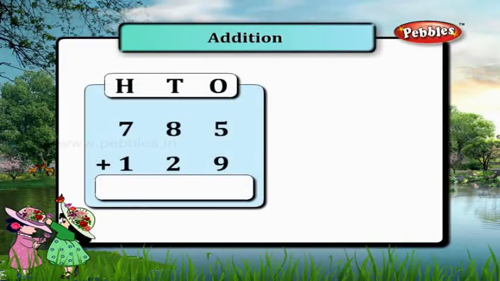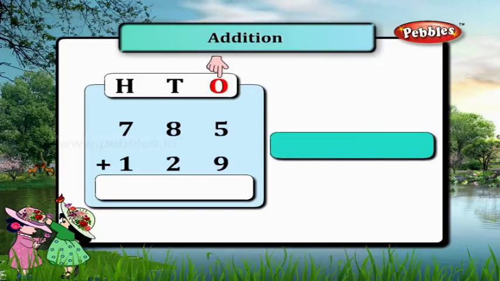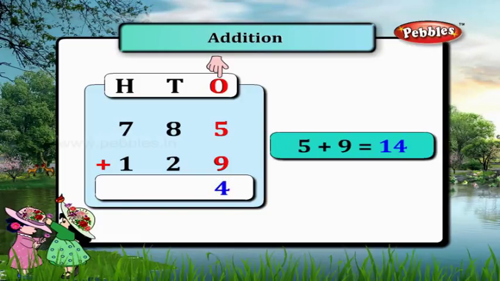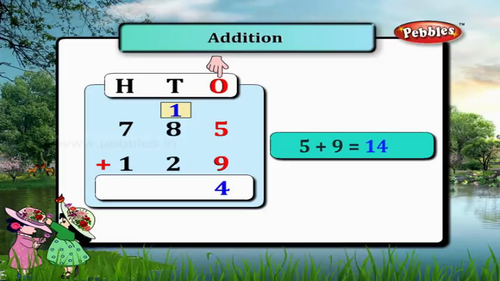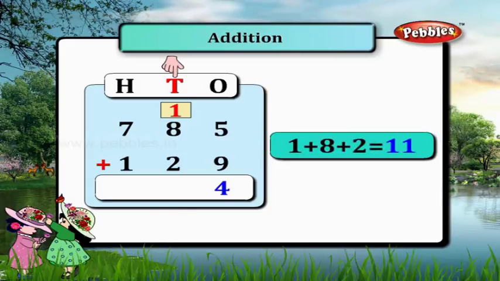Now let us add 785 to 129. Add the ones. 5 plus 9 gives us 14. Write 4 in the ones column and carry over 1 to the tens column. Add the tens. 1 plus 8 plus 2 is equal to 11.